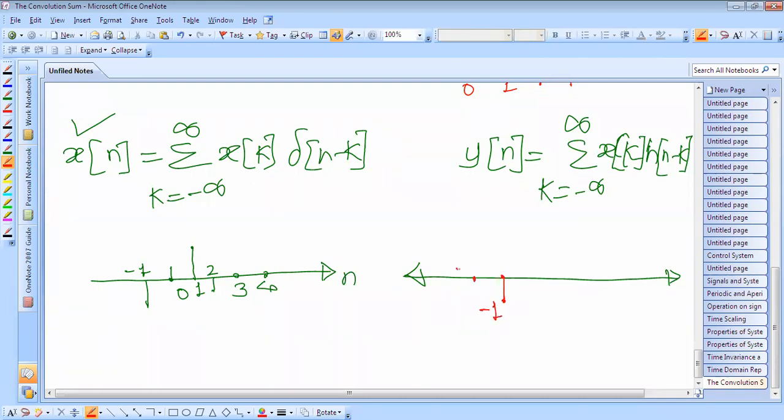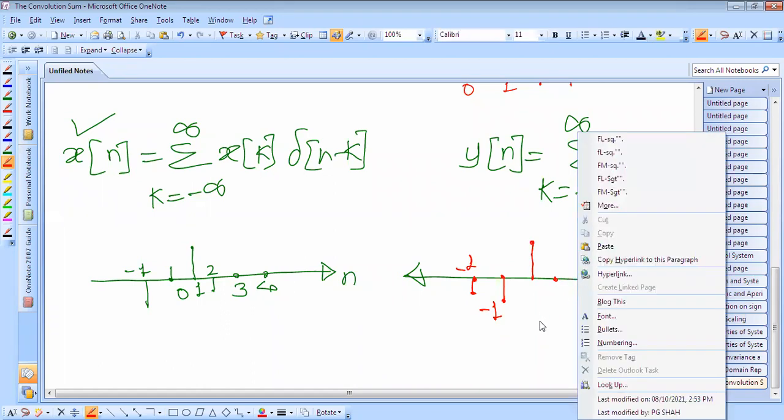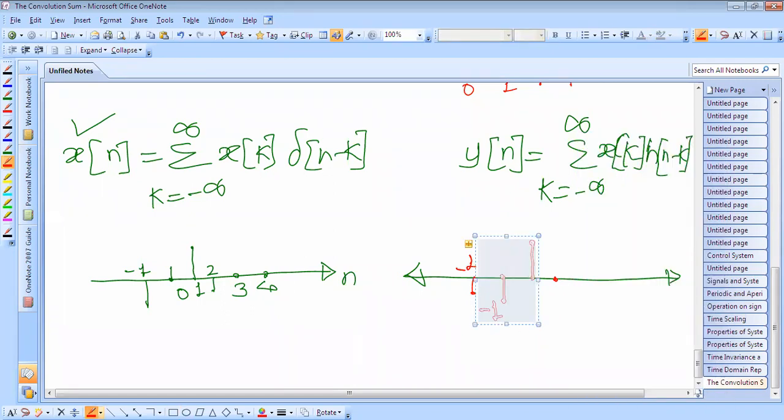At minus 1, it is minus half. And at 1, it is 1.